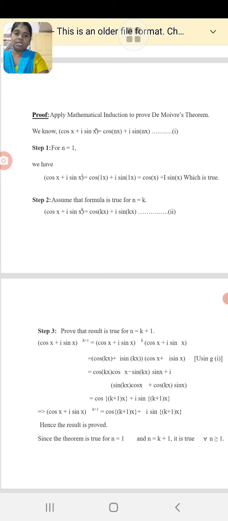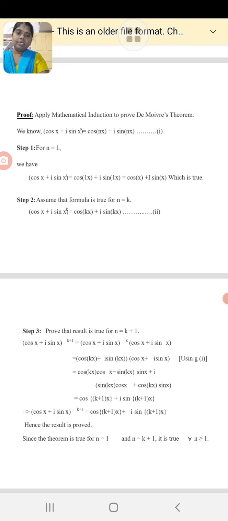For step 3, prove that the result is true for the next higher value of k, that is k + 1. (cos x + i sin x)^(k+1) we can write as the product of two numbers, that is (cos x + i sin x)^k into (cos x + i sin x).